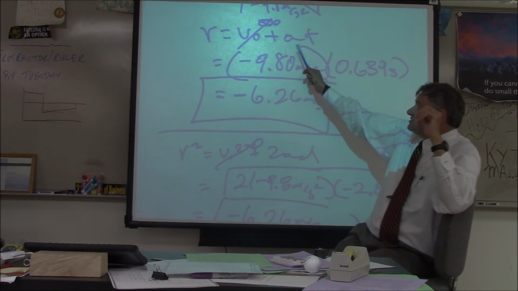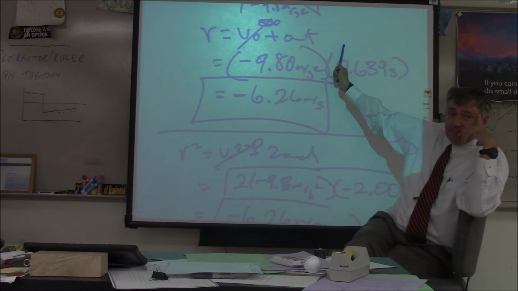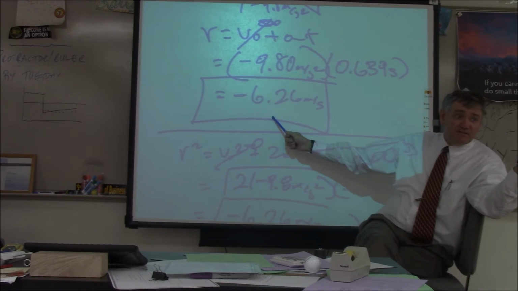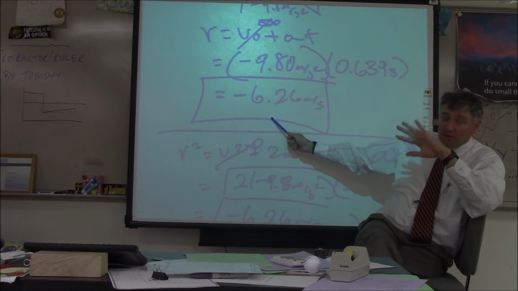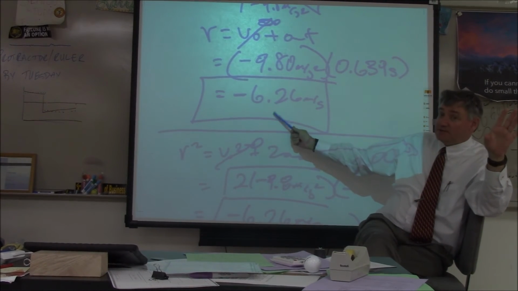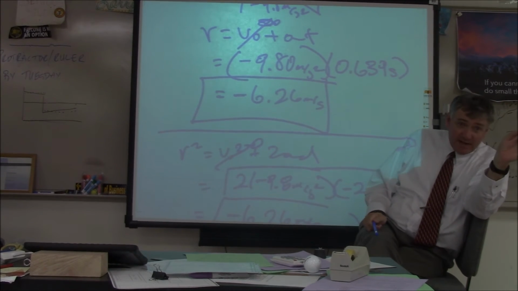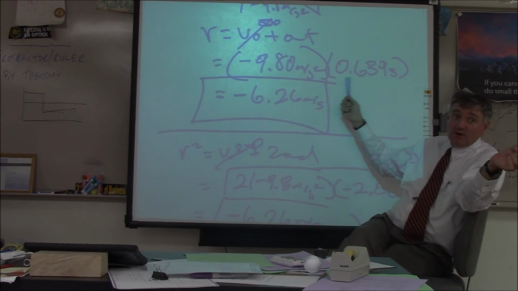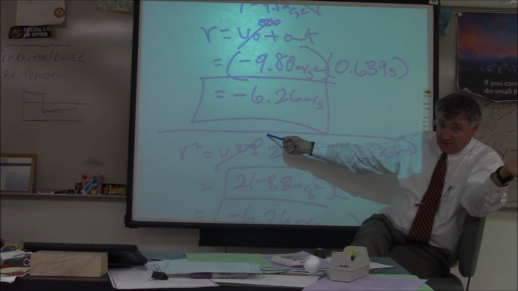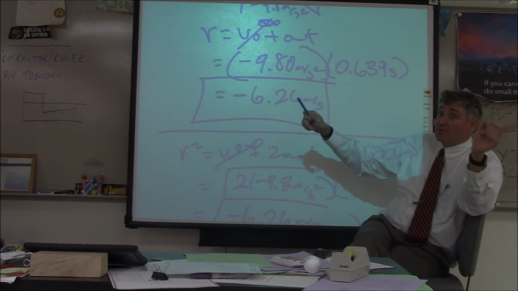The advantage of using V0 plus AT is that it automatically generates that negative velocity. You don't have to think about it. The disadvantage is that if this time is wrong, that velocity is going to be wrong. So it's like a roll of the dice.